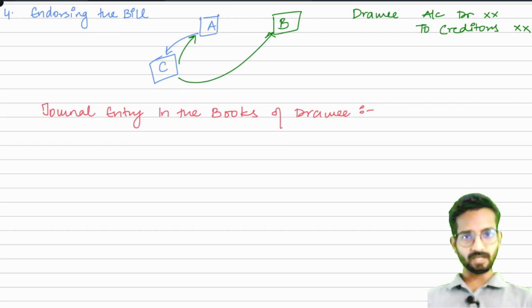A pays the notary charges, but now A calls B, he calls the drawee and says, now you will give me the amount for the bill and you will give me the payment for the notary charges also.